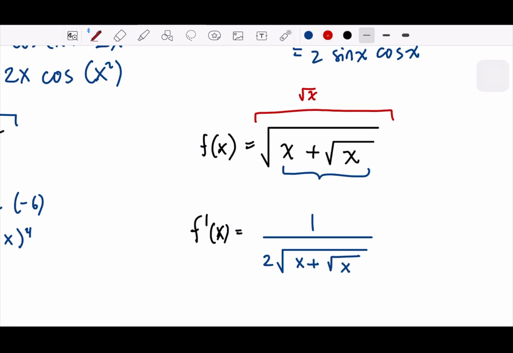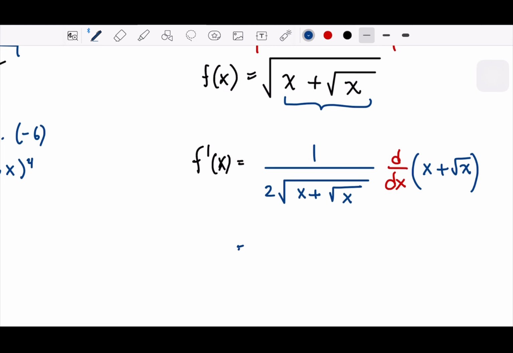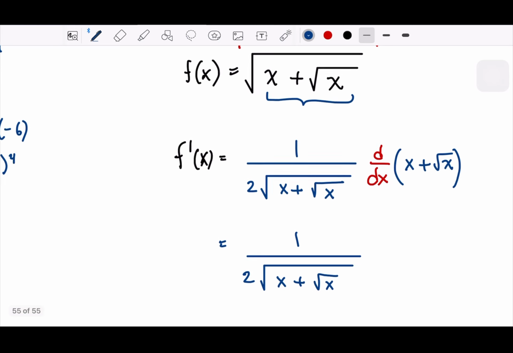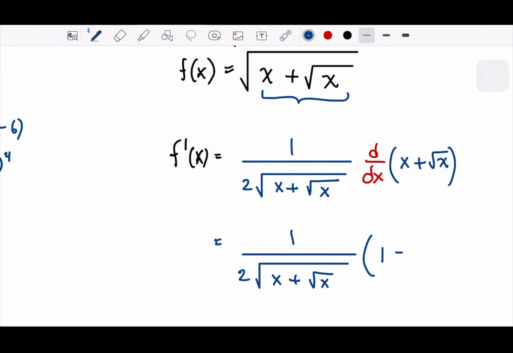And then we take times and progress slowly. And then the inside is x plus square root of x. So we could take, oh, let's become curvy. Okay. x plus square root of x, and then this d/dx becomes 1 plus another.